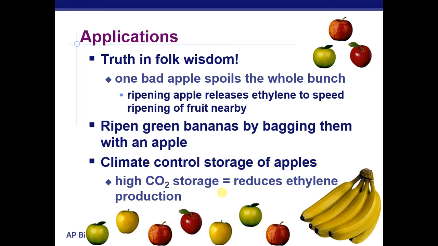That ripe apple is producing a lot of ethylene and will ripen the green bananas. It's also useful in transportation of commercially sold fruit, because commercially sold fruit is usually stored in high CO2 environments to suppress ethylene production to keep the fruit fresh longer.